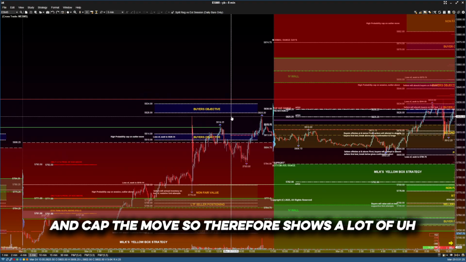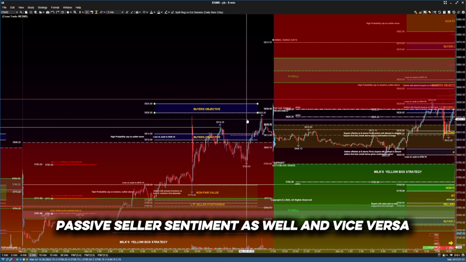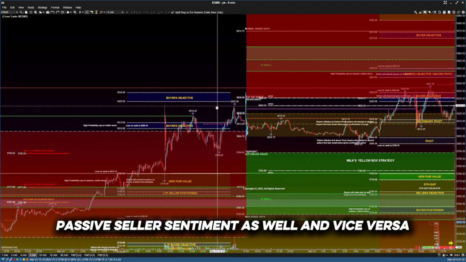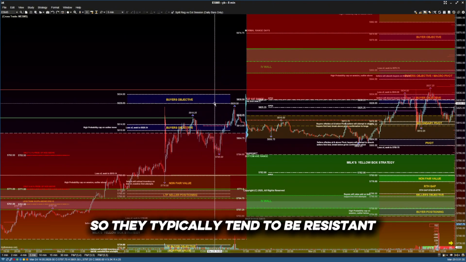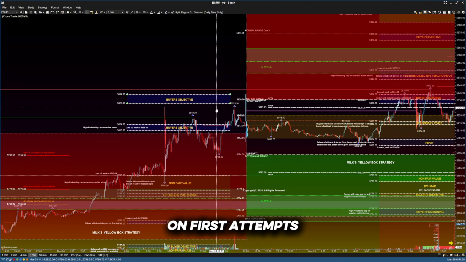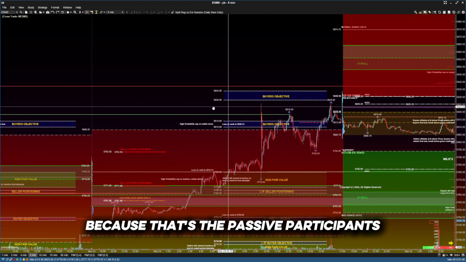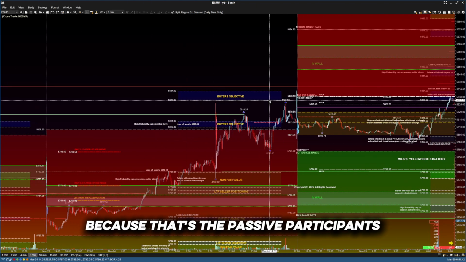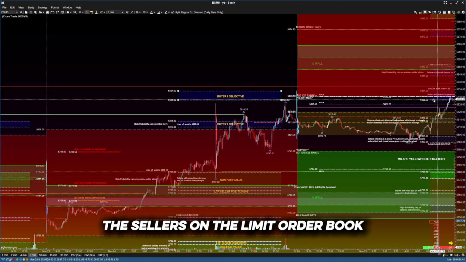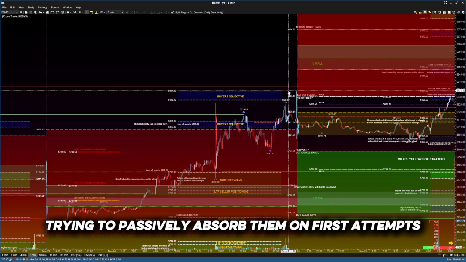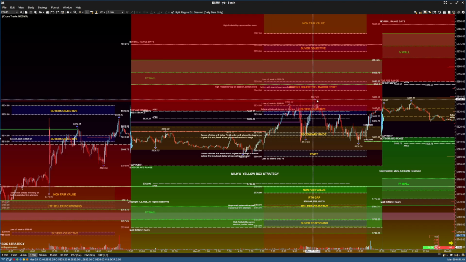So therefore it shows a lot of passive seller sentiment as well, and vice versa. So they typically tend to be resistive on first attempts because that's the passive participants, the sellers on the limit order book, trying to passively absorb them on first attempts.